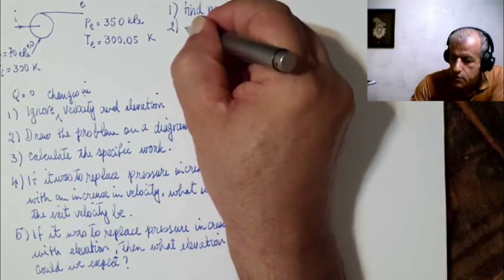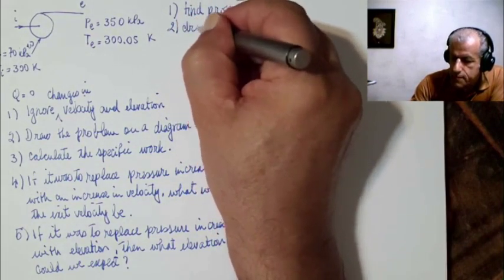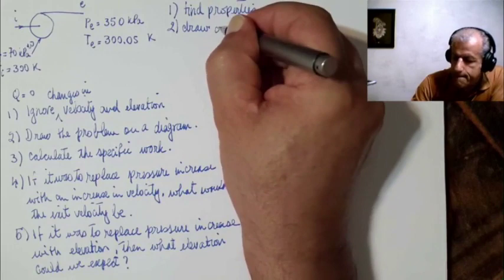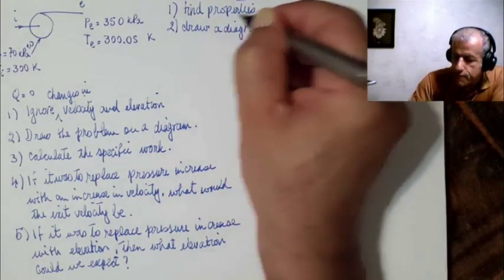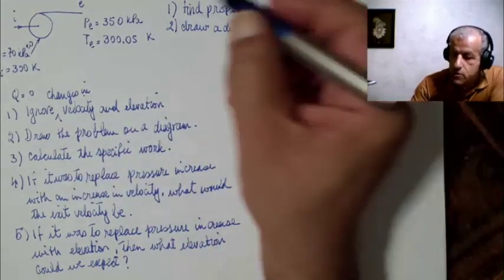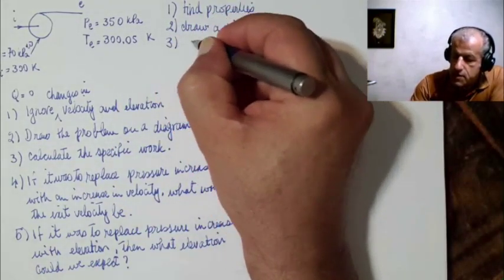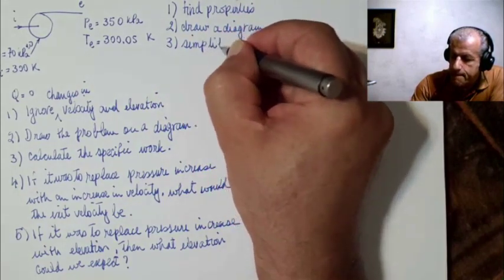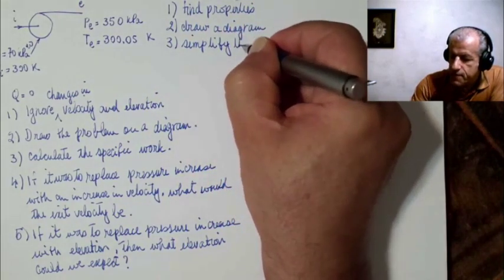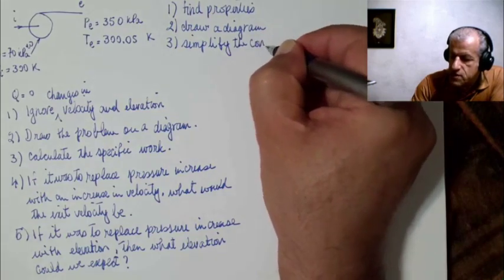Two, draw a diagram, which the problem has also requested. Three, simplify the conservation equations.